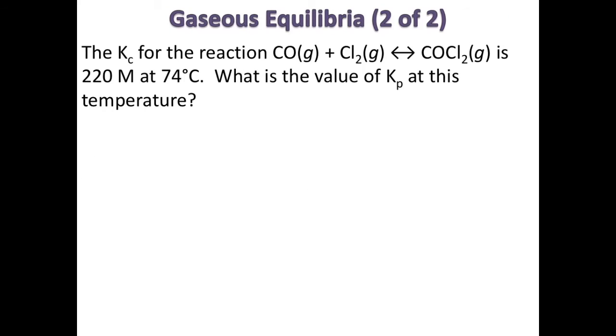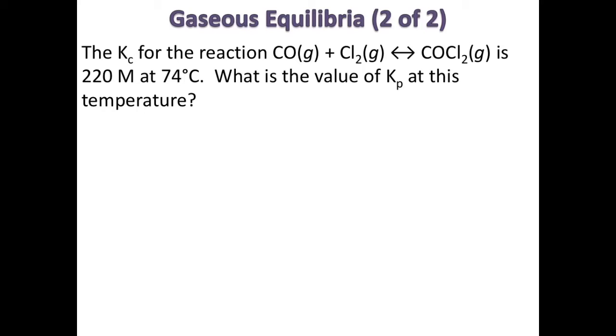For the reaction to make phosgene, COCl2, the Kc for that is 220 molar at 74 degrees Celsius. What is the value of Kp at this temperature?